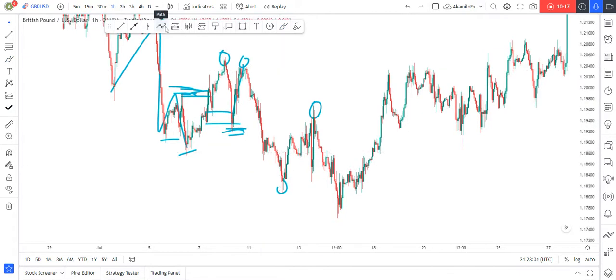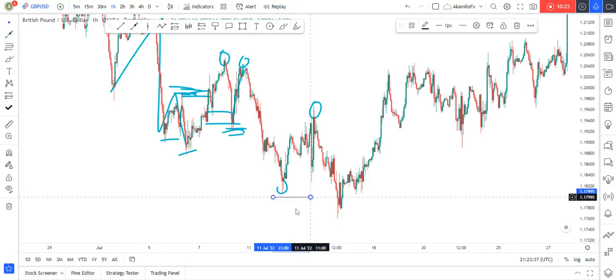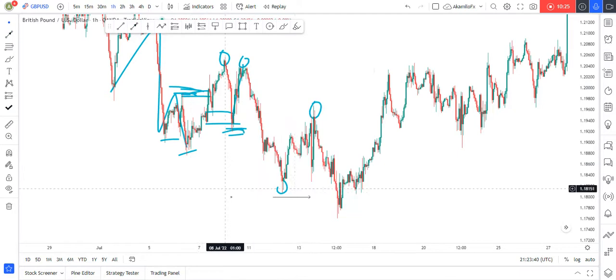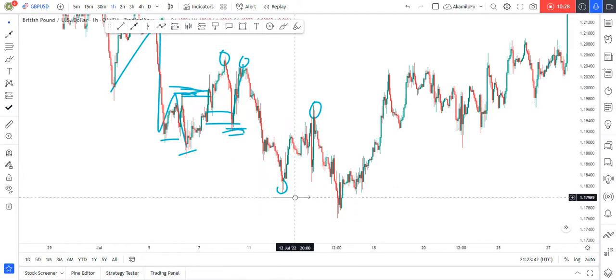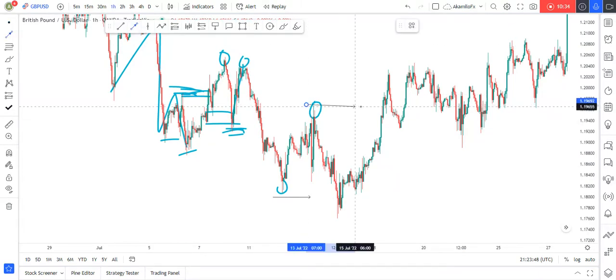Price then breaks this low, this lower low. When price breaks this lower low, it also breaks the strong high. So price then breaks this strong high.